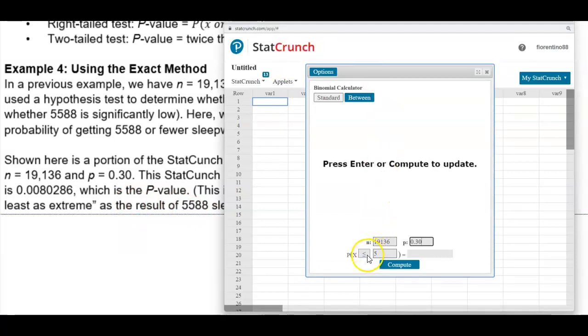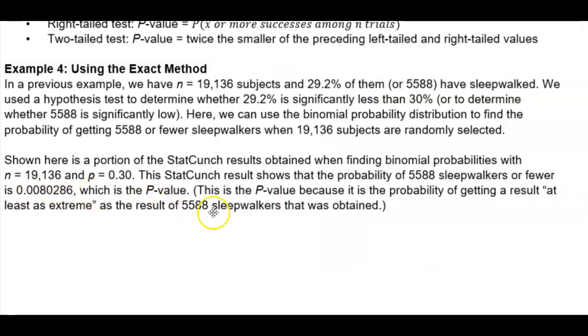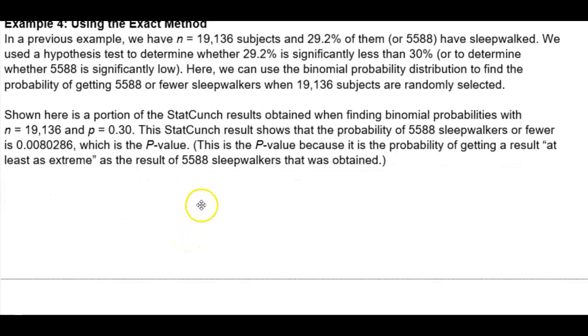We want to find where it's less than or equal to 5,588. If I put in 5,588 and then compute, we get the following p-value: 0.0080286. And this is the p-value because it is the probability of getting a result at least as extreme as the result of 5,588 sleepwalkers that was obtained.